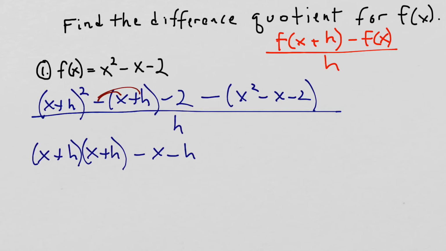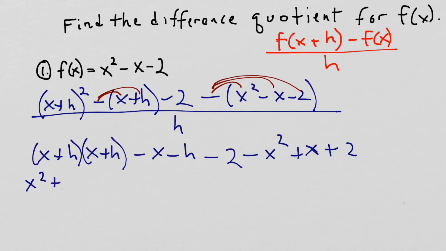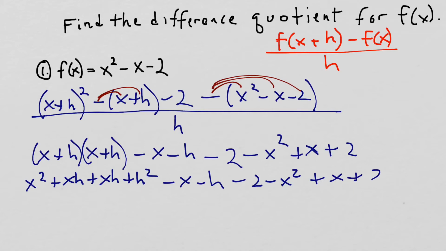All right, here's some more distributing here, here, here, and here, minus x squared plus x plus 2. All right, so carrying out the double distributing, we get all of this, and then we'll see where we've got like terms.